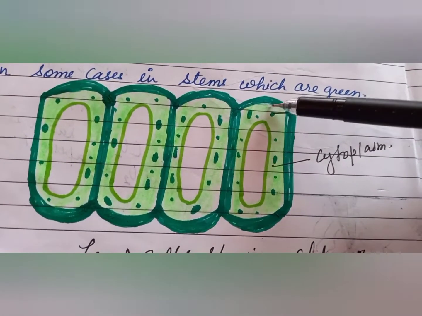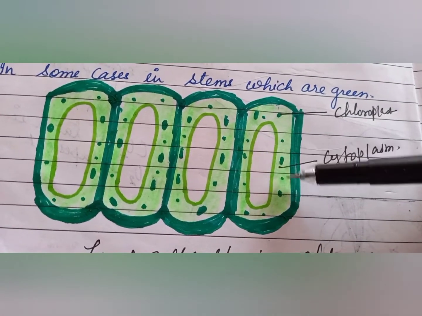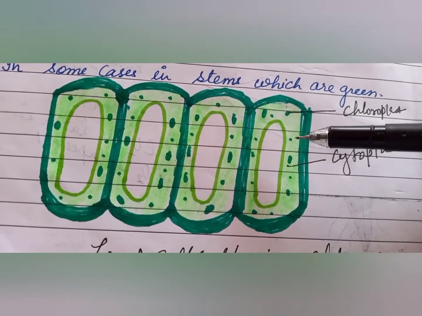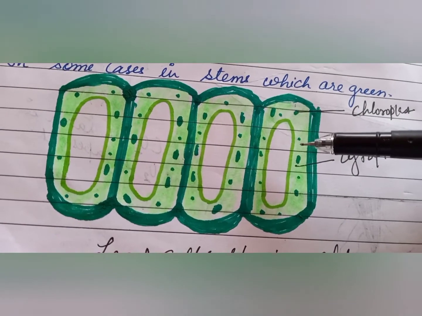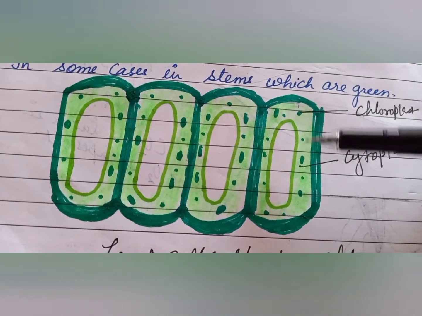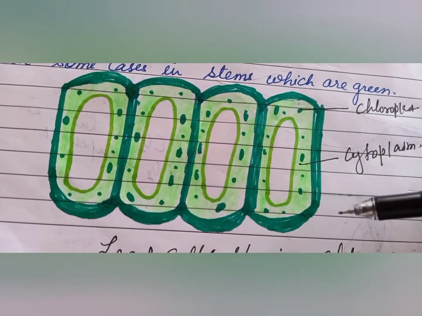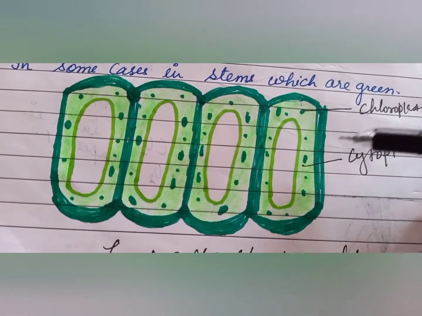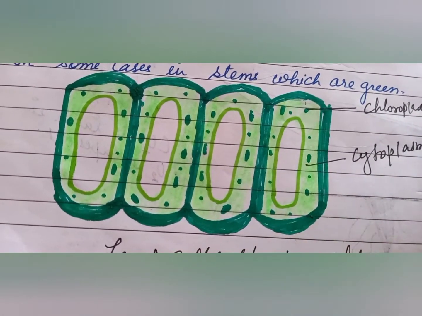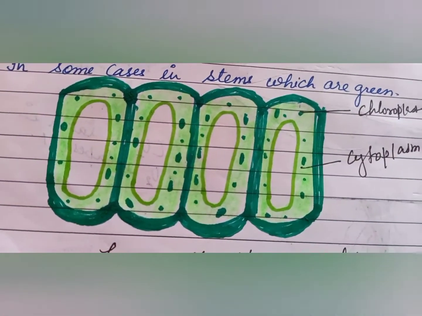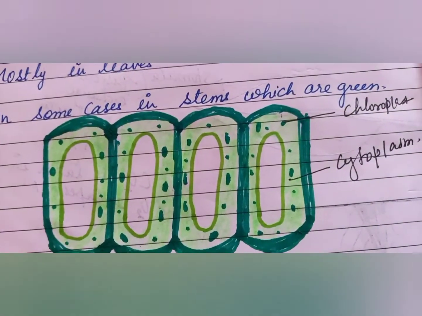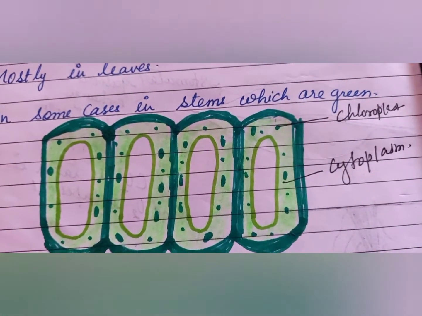You can see the green color pigment, chlorophyll, is present inside the chloroplasts in the cells of the leaf. Because of this, it is able to trap the solar energy, and as a result photosynthesis occurs.